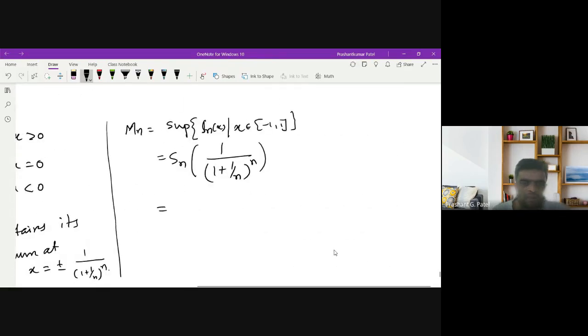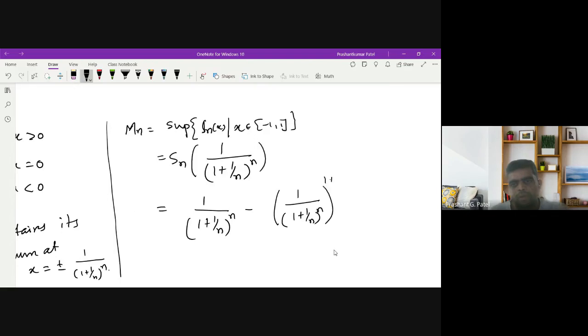So x minus x to that power is this, that is 1 upon (1 plus 1 by n) power n minus 1 over (1 plus 1 by n) power n, and whole power 1 plus 1 by n. So this first thing is as it is.